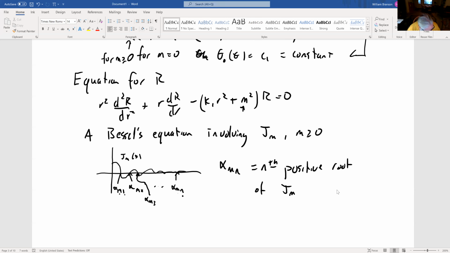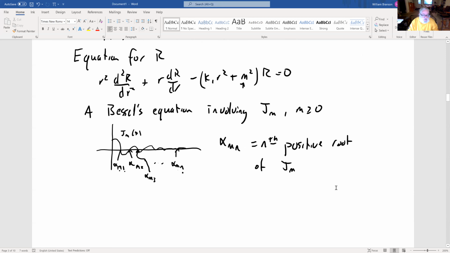And so that's what alpha mn is. The solution to the ODE is, sorry about that.